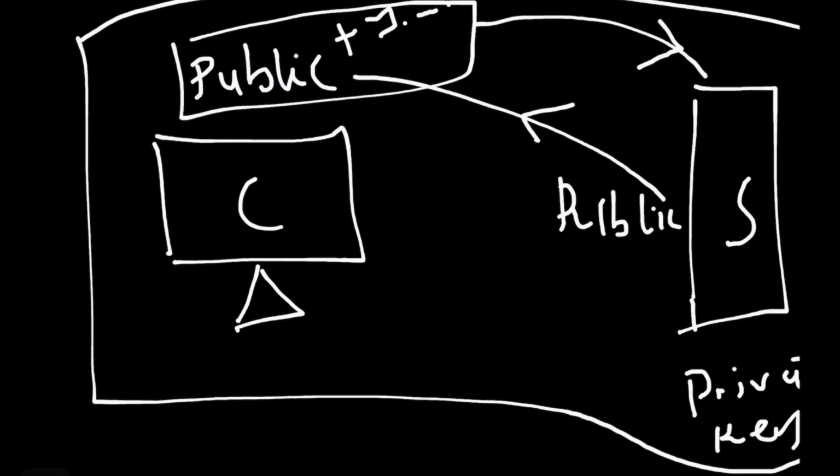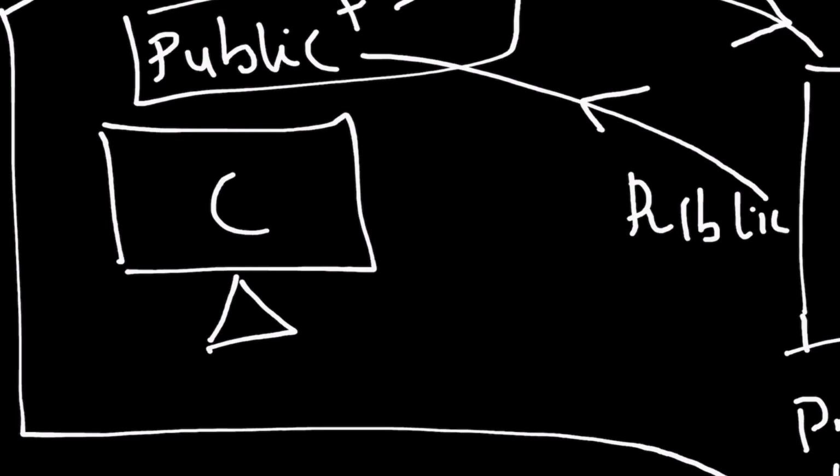So how do we do this? Because I know his public key, I will encrypt with it a random key, which we call the premaster secret.